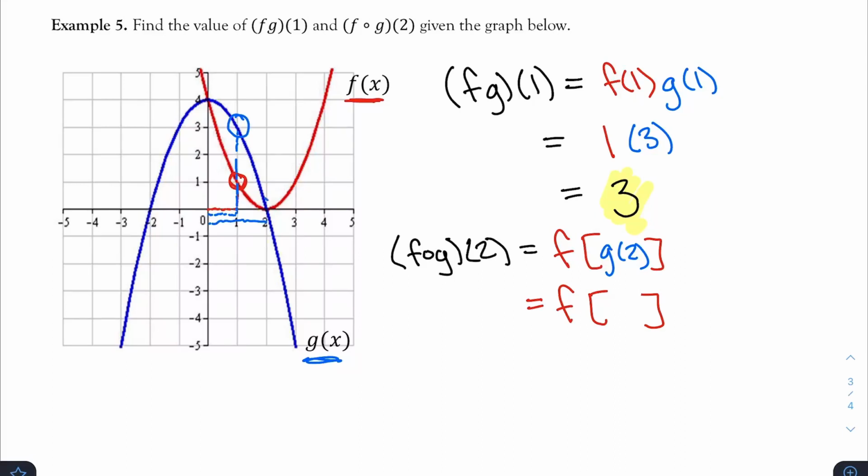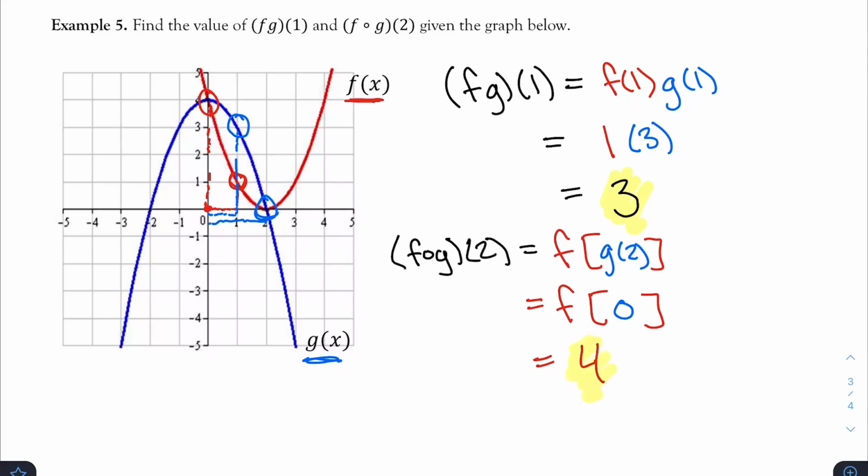Well, when x is 2, my y value for my g curve is 0. So now I'm working with f of 0. And now I do a similar situation for f. Looking at my f function, what is my y value when x is 0? In this case, my y value when x is 0 on my red curve, we get a positive 4, giving me my final answer.